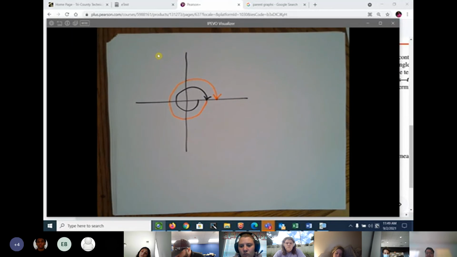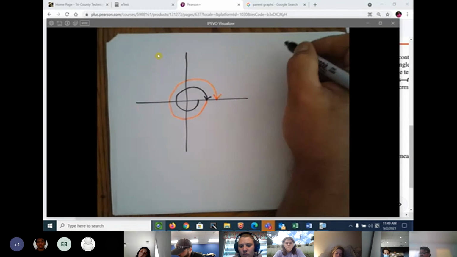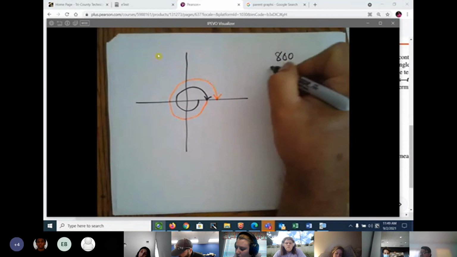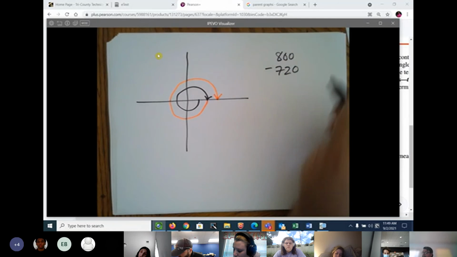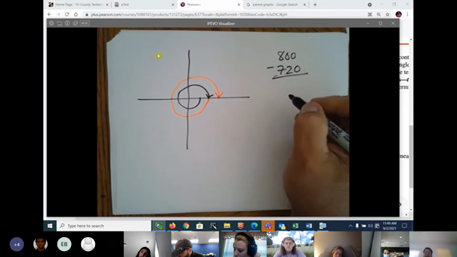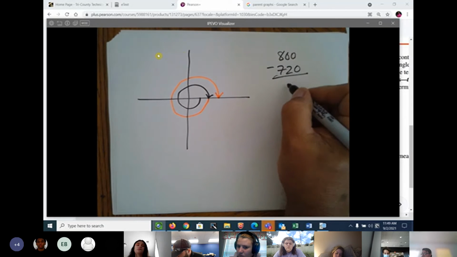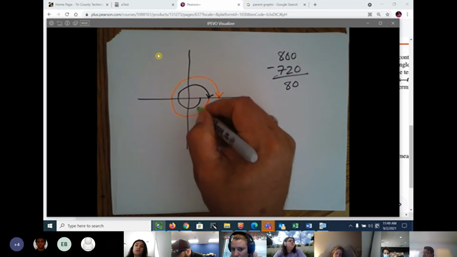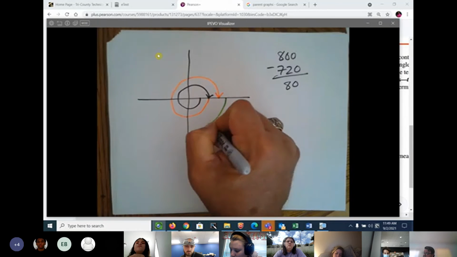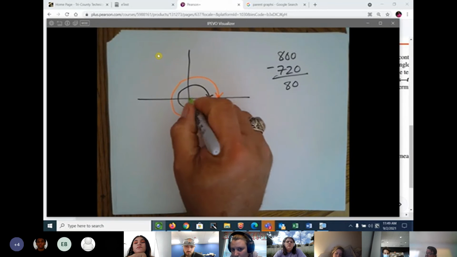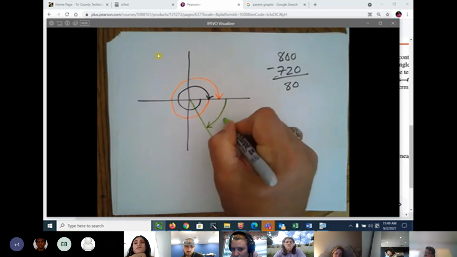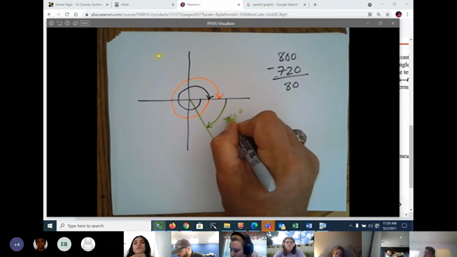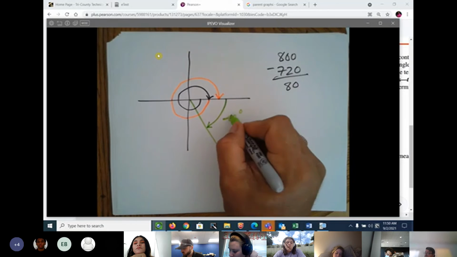So what am I going to do? I'm going to take 800, and I'm going to subtract 720, and what do I get? 80 degrees. So the actual angle that we're looking for, this is 90 degrees, so negative 80 degrees. That's the angle we're looking for.